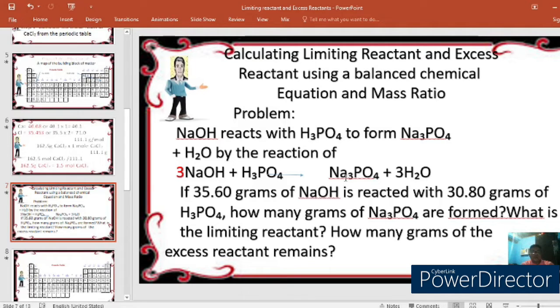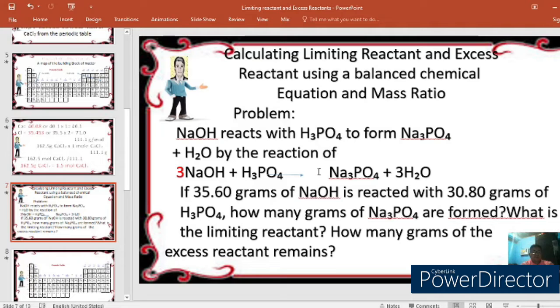Next we also have to check the number of atoms of oxygen, hydrogen, and phosphorus in the reactants and in the products. But this is already balanced. If you try to check it later on, I assure you that this is already balanced. Okay, to maximize our time, we have to proceed.